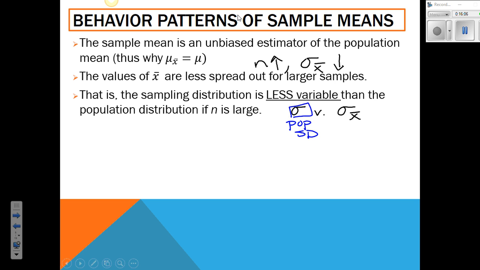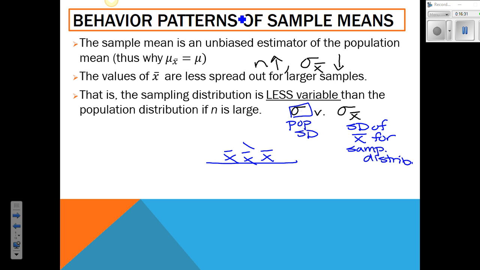This is going to be the standard deviation of x bar, for the sampling distribution. This is the standard deviation of your sample means. So like you have a bunch of sample means, right? Graph.